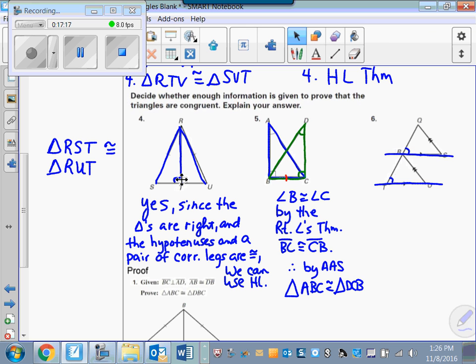And if these are my parallel lines, and this is my transversal, I could say that this angle is congruent to this angle, right? But what I don't have, they're definitely not right triangles. I don't have any sides that I know are congruent, so I don't have enough information here.